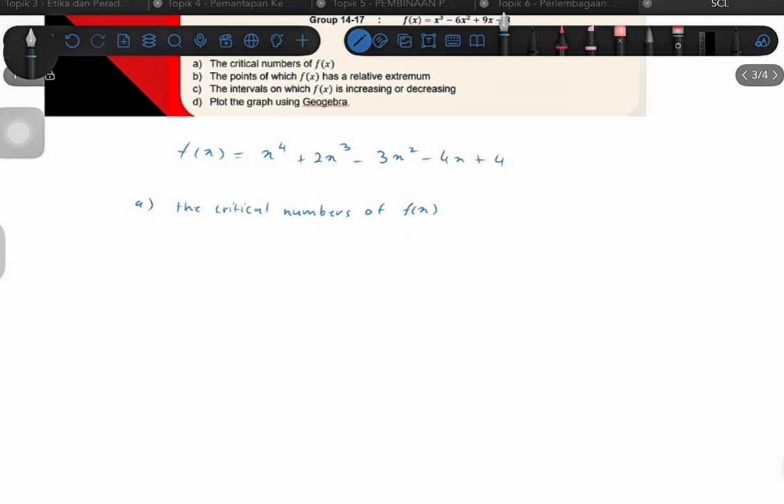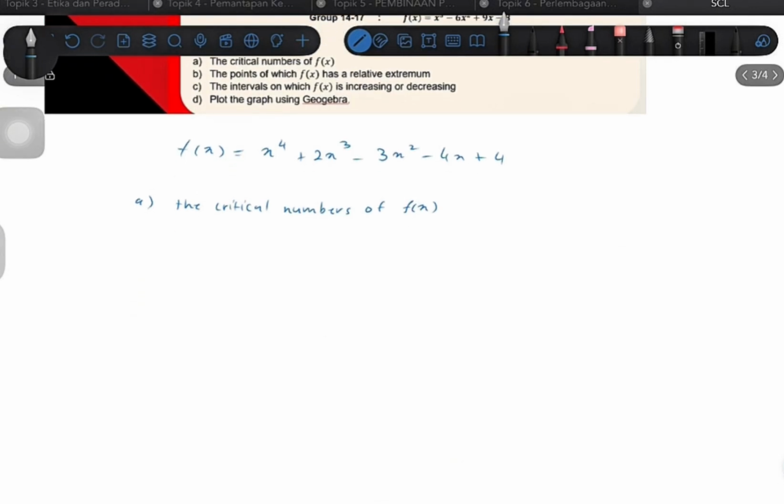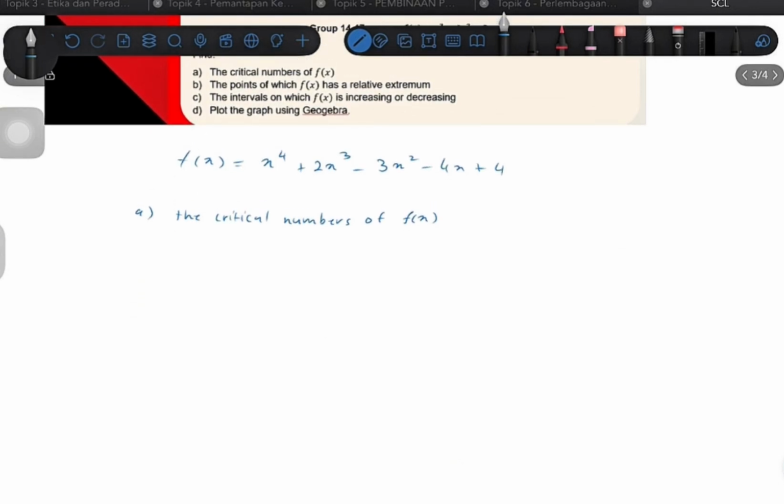If you want to find the critical numbers, we need to use f prime x. We know f prime x equals 0, or f prime x is undefined.